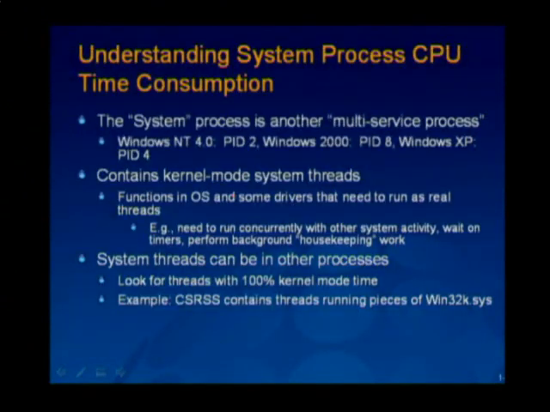The system process is a container for pieces of the OS and pieces of device drivers that need to run as threads, meaning pieces of the OS that need to have their own life, the ability to run independently of user activity because they're performing some background housekeeping operations. So when the system boots, the OS creates a number of pieces of itself as threads.